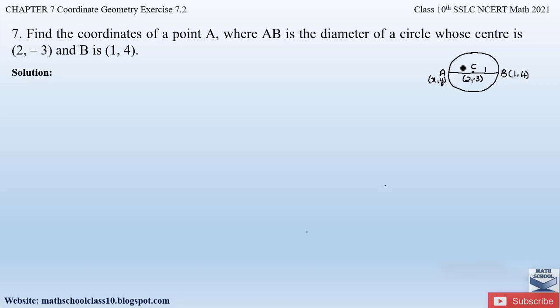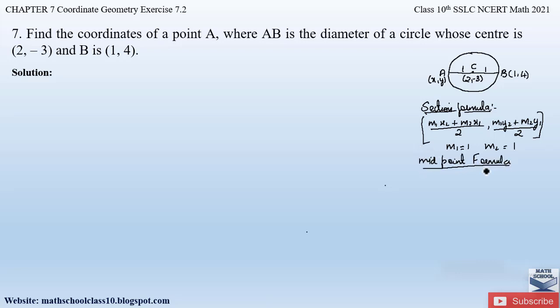Here we can apply the section formula. But since the ratio is 1:1, the section formula, which is given by (m1 x2 plus m2 x1) divided by (m1 plus m2) and (m1 y2 plus m2 y1) divided by (m1 plus m2), reduces when m1 is equal to 1 and m2 is also equal to 1 to become the midpoint formula.